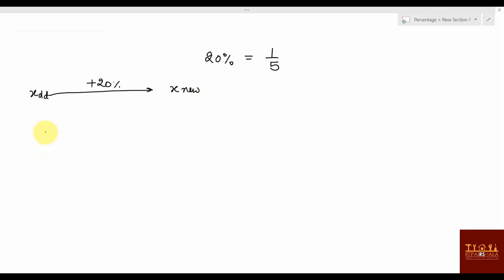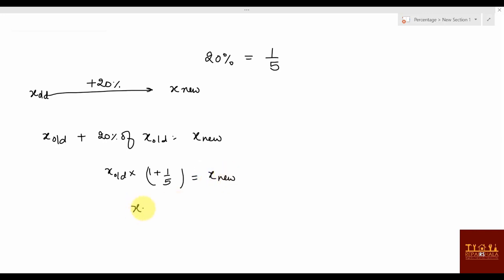Can you write this as X old plus 20% of X old equal to X new? 20% value is 1 by 5. So you can write X old into 1 plus 1 by 5 equal to X new.